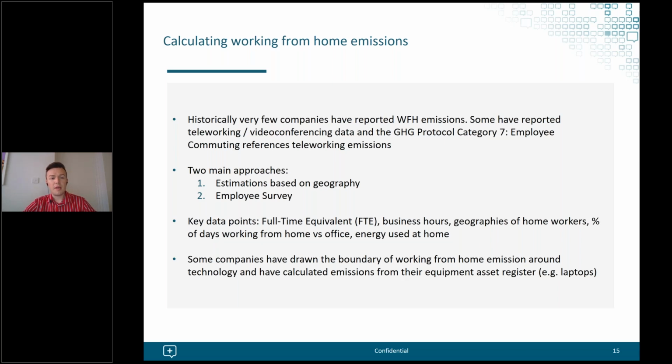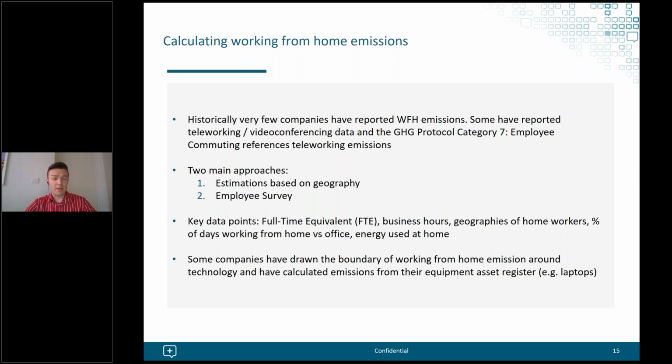The first approach would be to estimate the working from home emissions based on the geography and details of your staff based on where they are. And the second would be to conduct an employee survey to try and capture more granular data points about the nature of their working from home, and then taking into account the emissions associated with that.